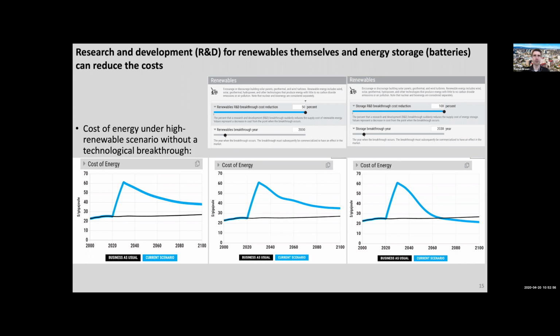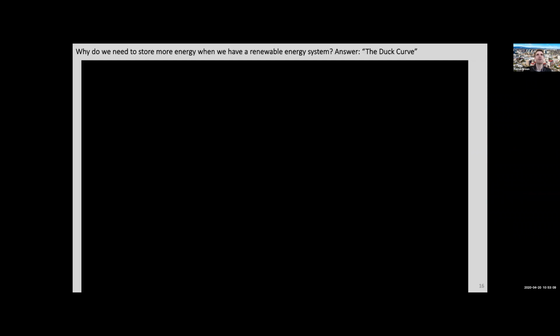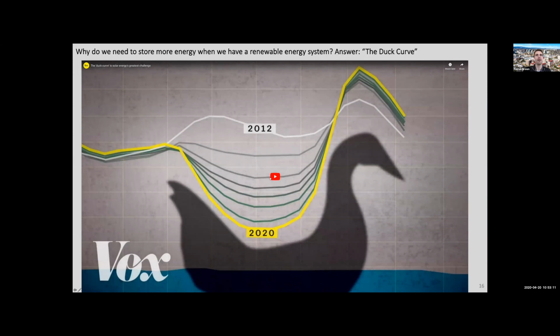And we do think that that is the case, which is why all this policy is being proposed to reduce CO2 emissions, despite the fact that the renewable energy system may cost more. So let's get into a little bit more of the details of why it costs more.